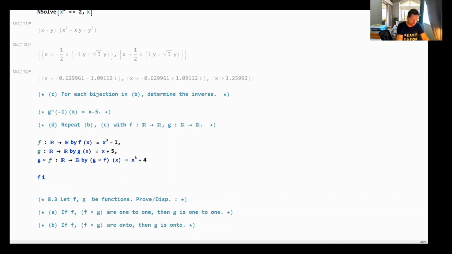Okay, so f is one-to-one since we can always find at least one real cube root of a real number.